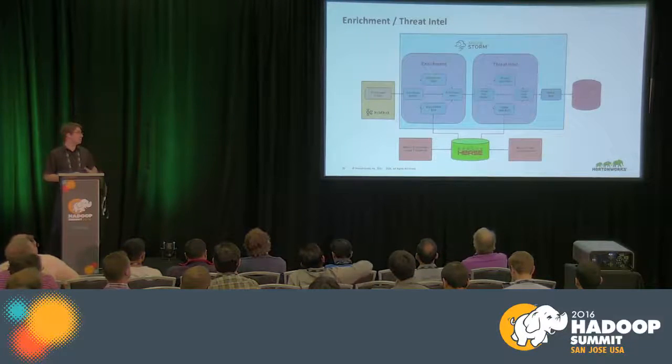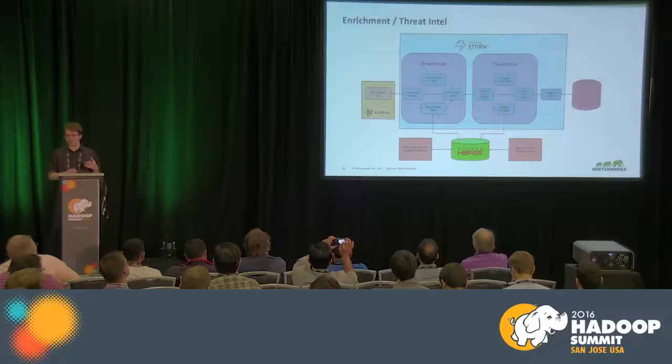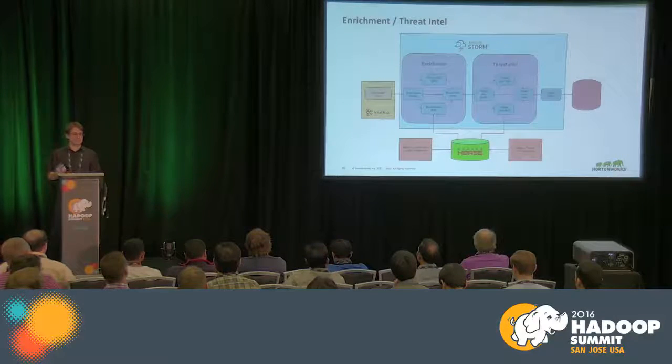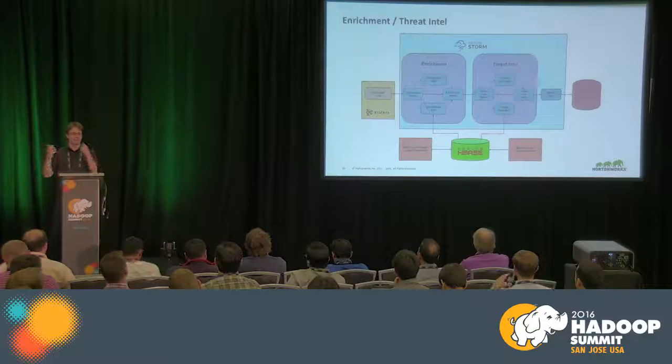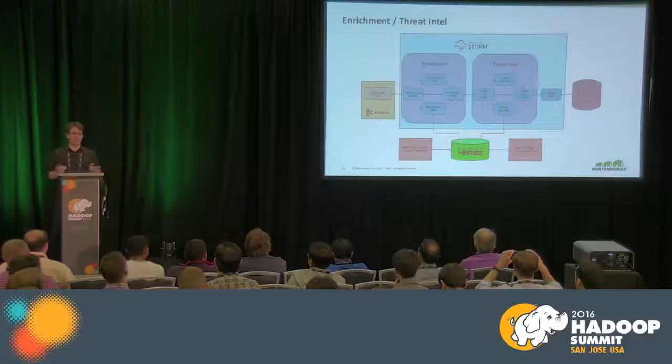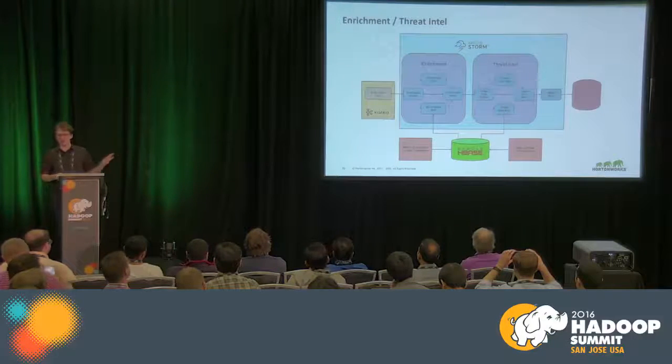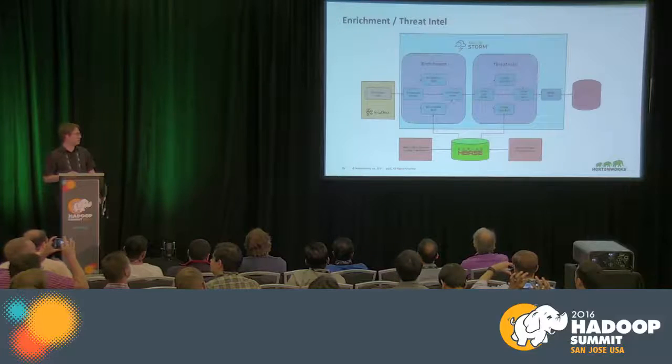So this is really what the enrichment and threat intel looks like when we get under the hood. I would have had a slide for the parsing bolt, but nobody wants to see a slide that is spout, normalize, output. Very simple. Enrichment and threat intel is a little more involved.